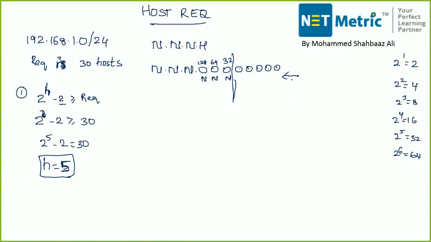So if the h value is 5, then keep 5 host bits. After keeping 5 host bits, convert the remaining host bits into network bits.